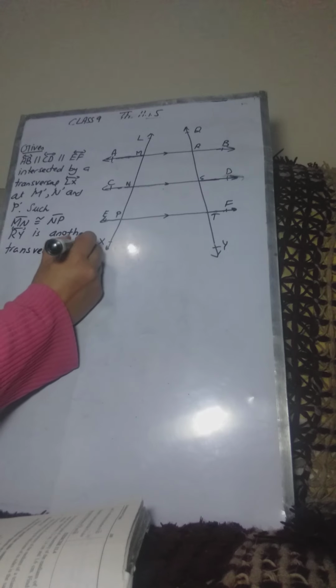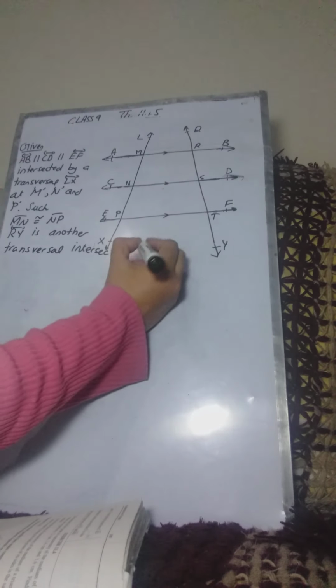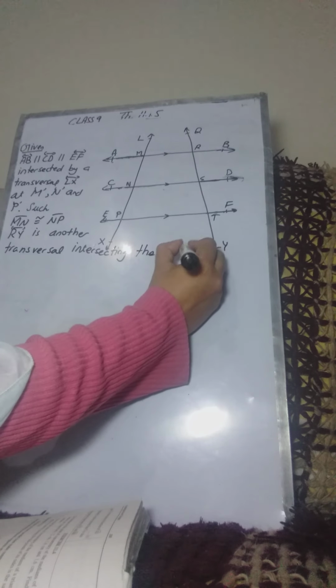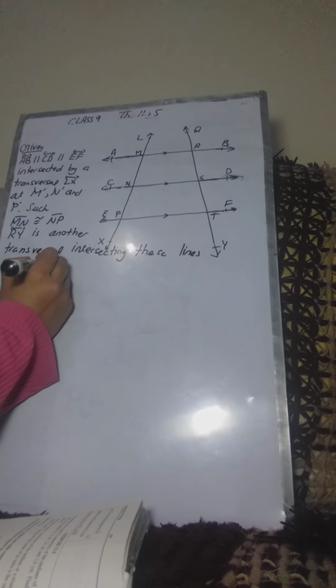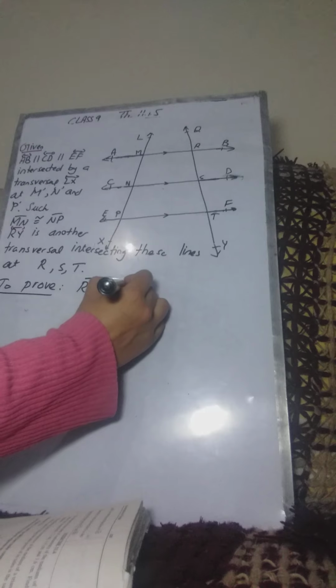RY is another transversal intersecting these lines at the points R, S and T. Now we need to prove that segment RS is also congruent to ST. So in the given, we have these three parallel lines, and this information is important: MN is congruent to NP.